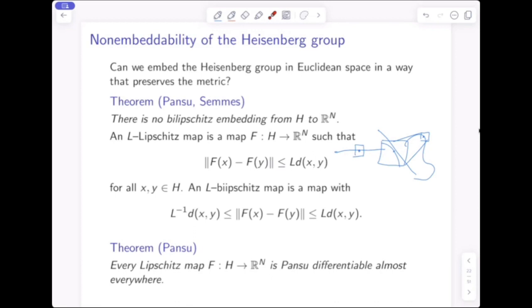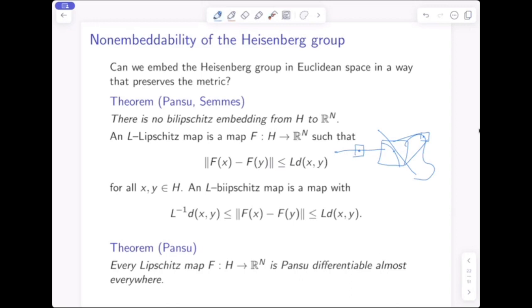Any homomorphism from the Heisenberg group to Rn has to send the commutator subgroup of the Heisenberg group to 0. But the commutator subgroup of the Heisenberg group is that entire vertical subgroup, all those vertical lines. And so any homomorphism has to collapse all the vertical lines in the Heisenberg group.